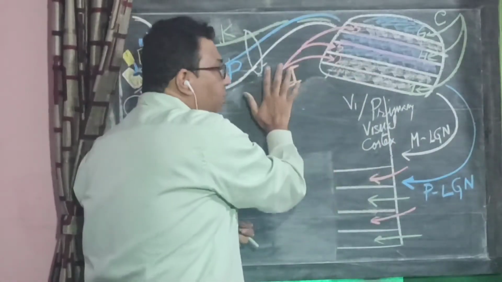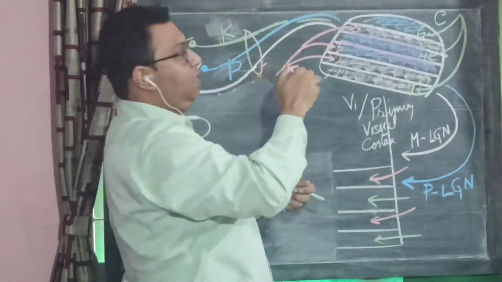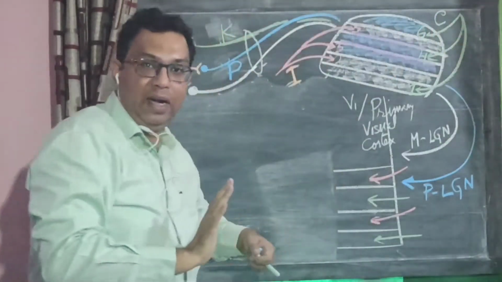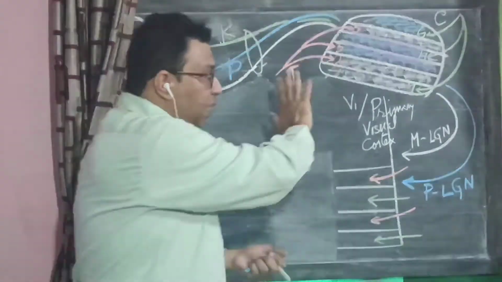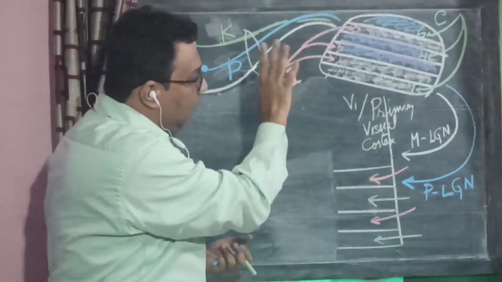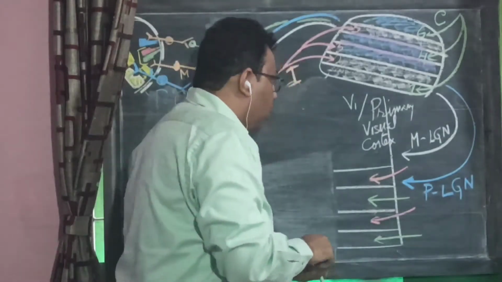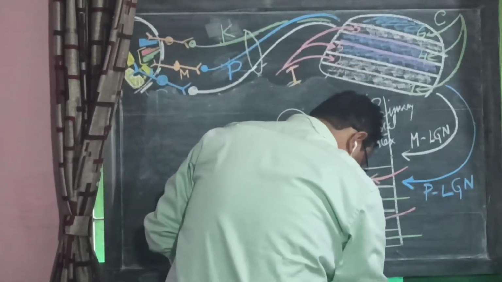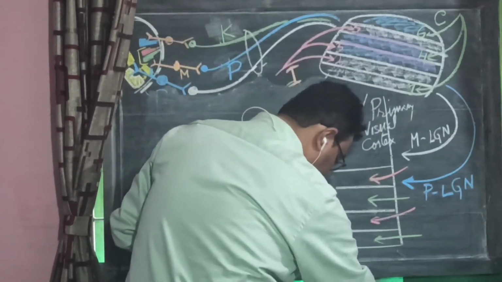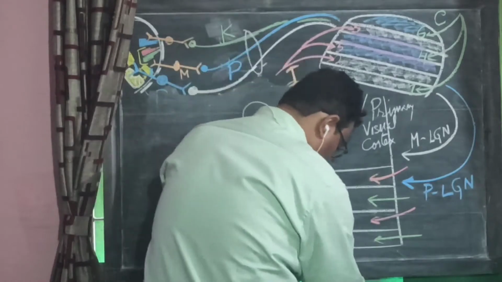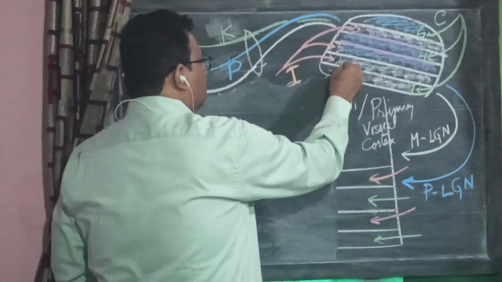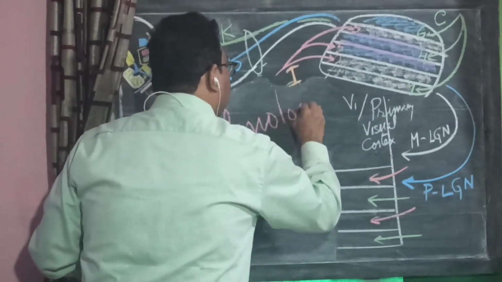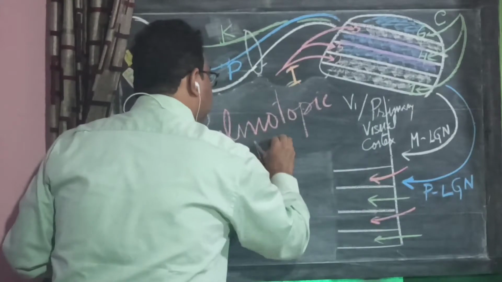The ipsilateral goes to different layers, and the contralateral goes to different layers. So there is no mixing of signal from the eye up to the lateral geniculate body. Right? Moreover, the lateral geniculate body has retinotopic maps.